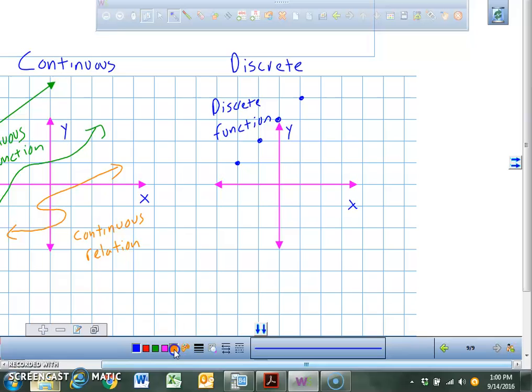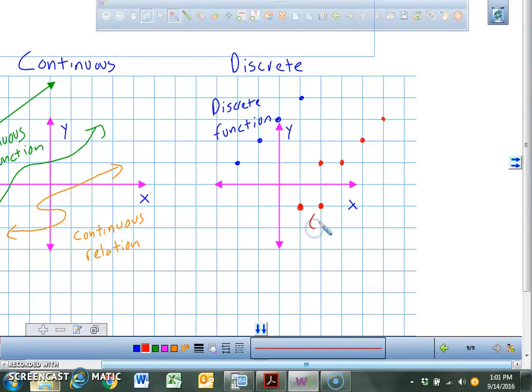This is where students sometimes get confused. What is a discrete relation? Watch this. If I have an ordered pair right here, and another ordered pair right here, so far so good. But then if I jump up and put one directly above another one, and continue to go, then these two have the same x value.